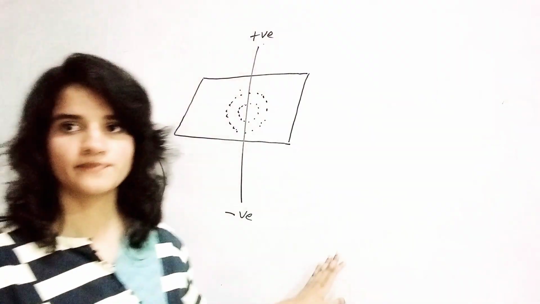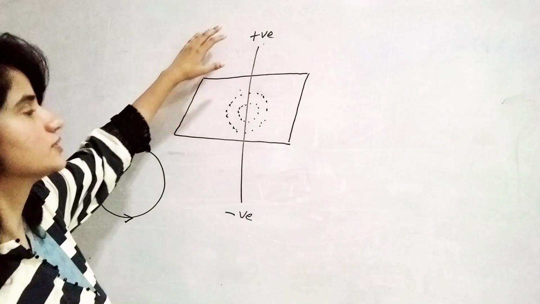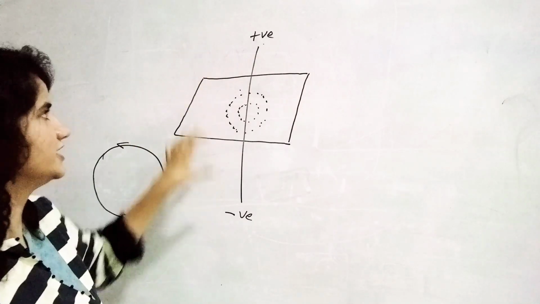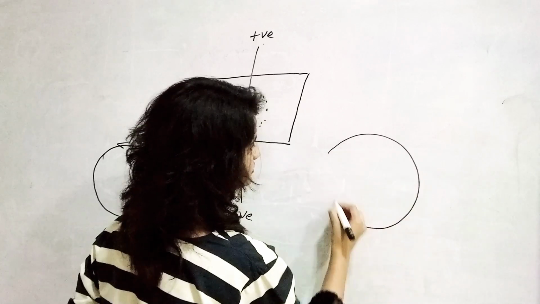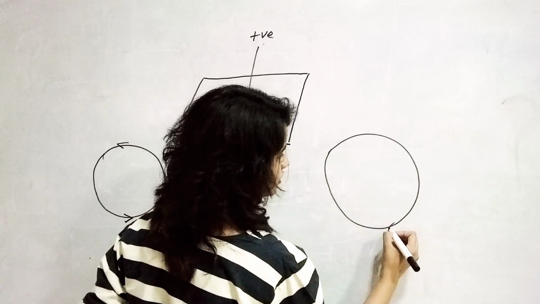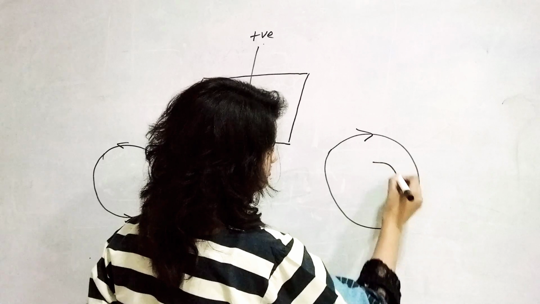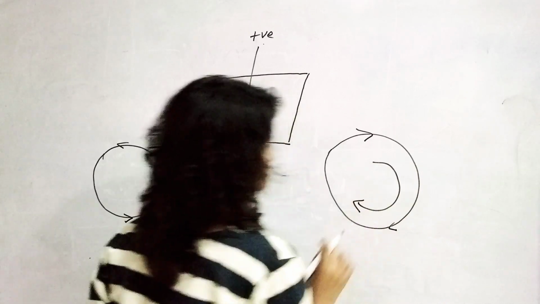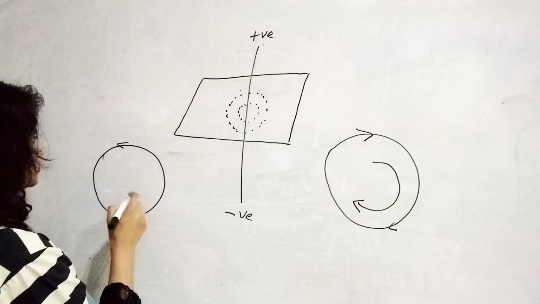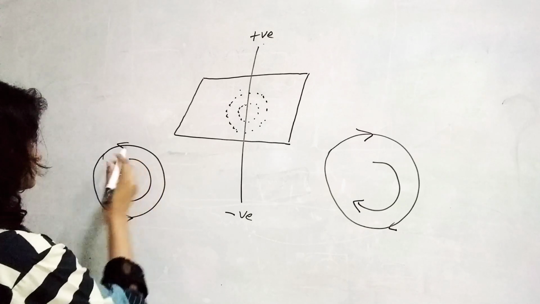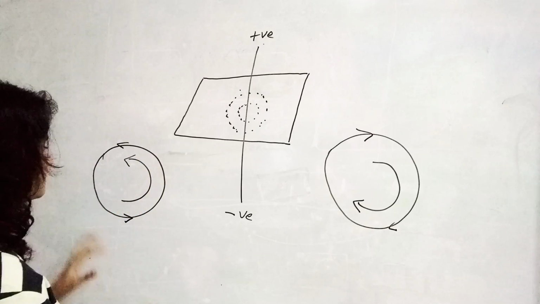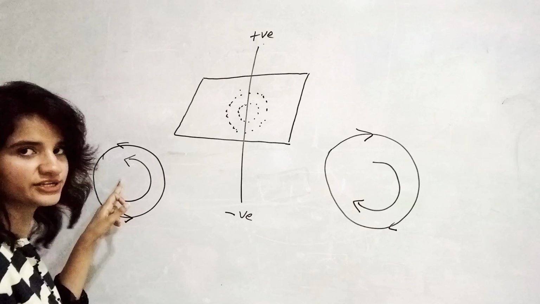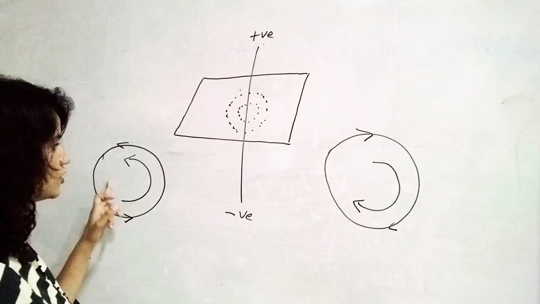In the same way, if we are looking from positive to negative, the lines will move in a clockwise direction. This is the direction in which the clock needle moves, and this is the direction in which the clock needle does not move, the anti-clockwise movement.